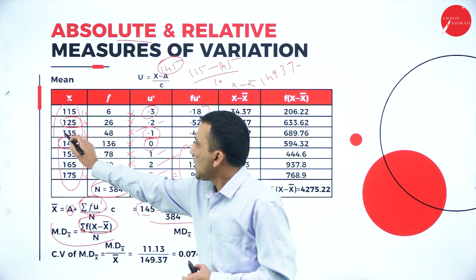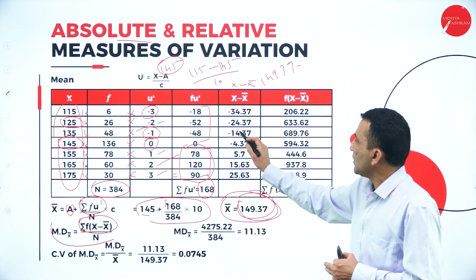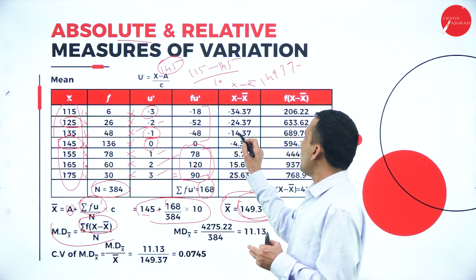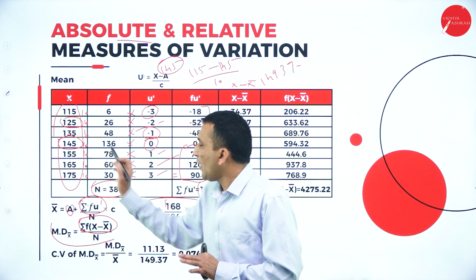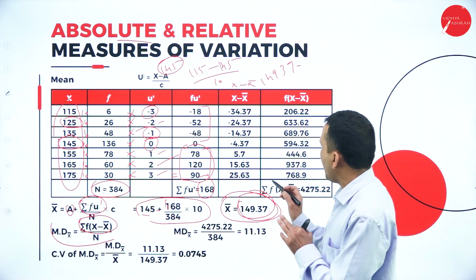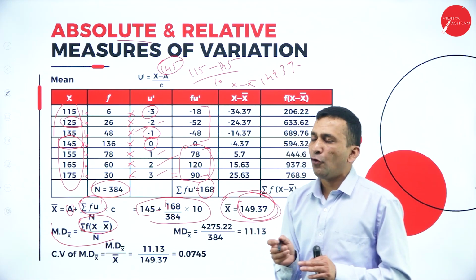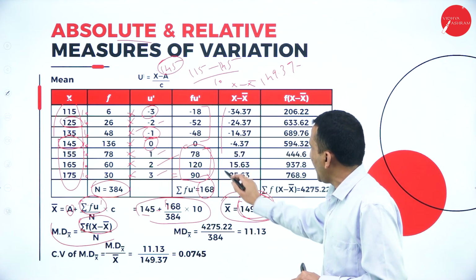As it is, 135 minus 149.37, if I subtract, I am getting minus 14.37. Next, 145 minus the x bar value 149.37, if I subtract, I am getting minus 4.37. So like this, everything after simplifying.